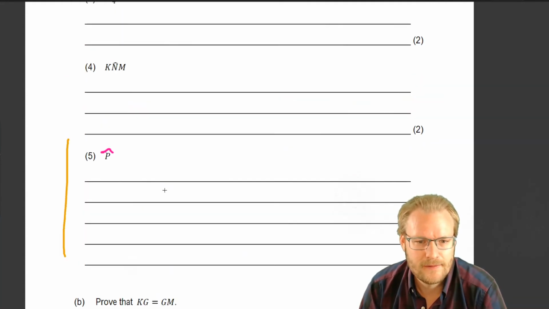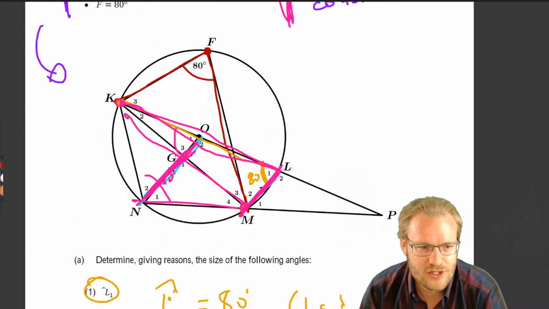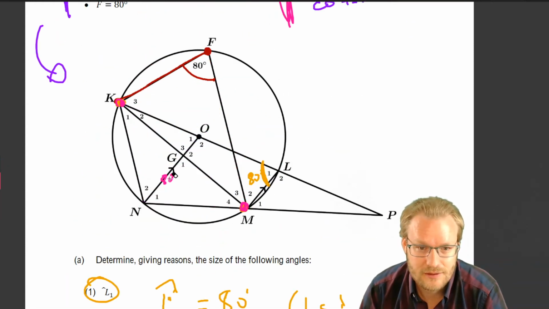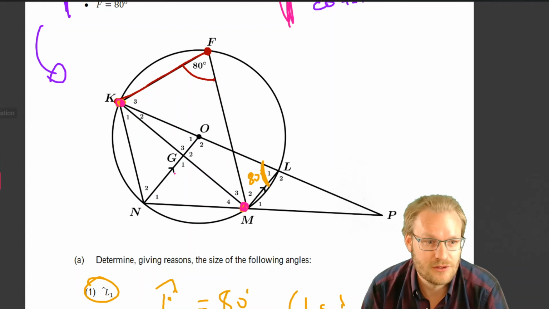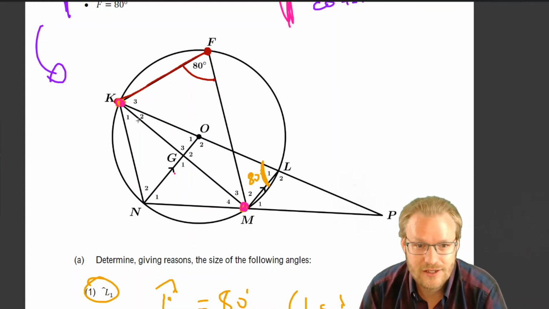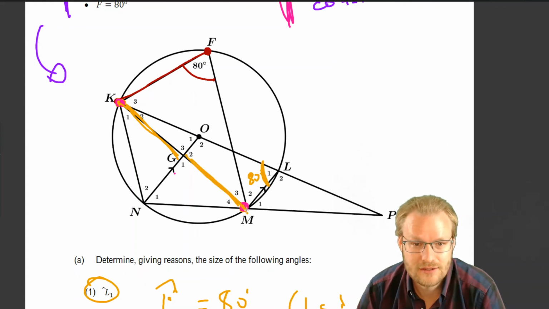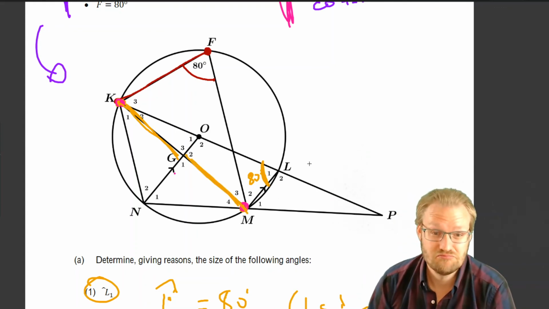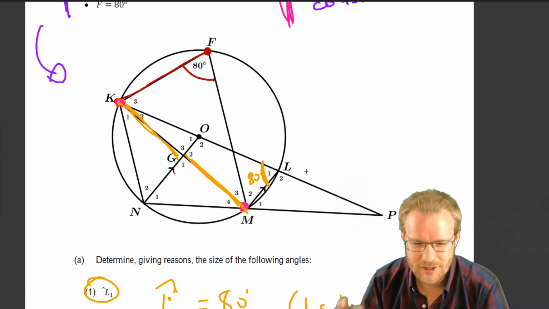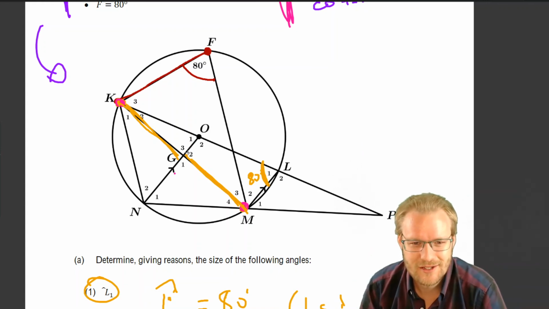So, KG equals GM. Look at that. Nice one. Think back to if you watched one of the previous videos. How are you going to do that?